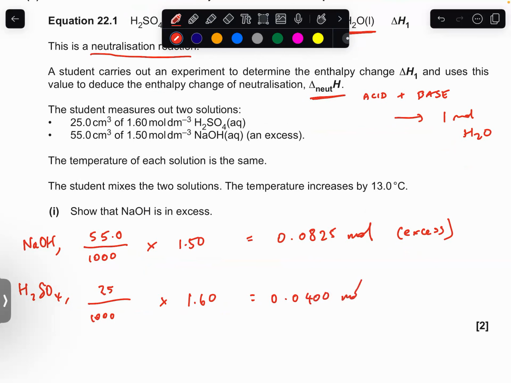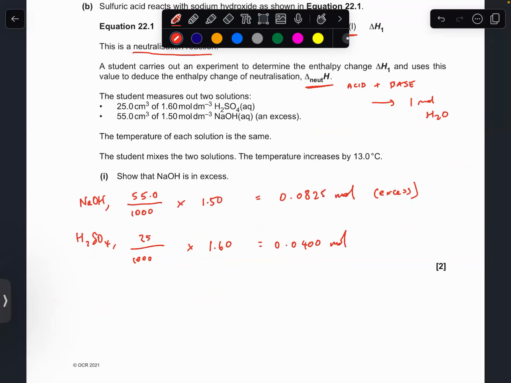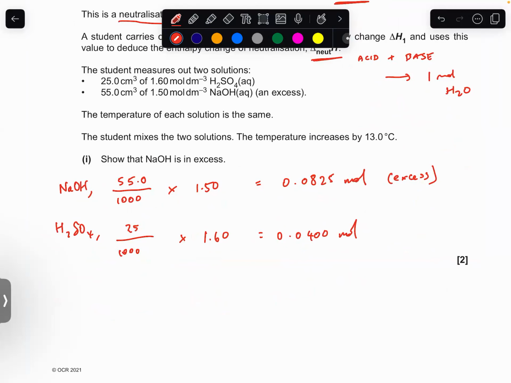0.0400. You see, ladies and gentlemen, there's two ways of doing this. As we spoke earlier, the enthalpy change of a reaction is dependent on the limiting reagent, whatever's limiting. Now, you see sulfuric acid and NaOH are reacting in a 1:2 ratio.